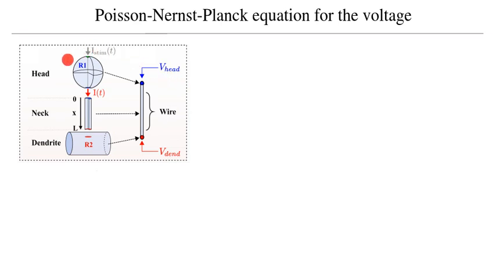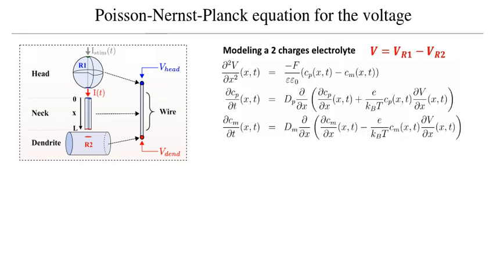Because the fluorescence will give us the information inside the head, this is in region 1, while we get the information about the voltage from region 2. So the only missing part which we are interested in is to estimate what happened inside the neck and especially to estimate the resistance. That's why we are going to only use a 1D approximated model for Poisson-Nernst-Planck inside the neck.